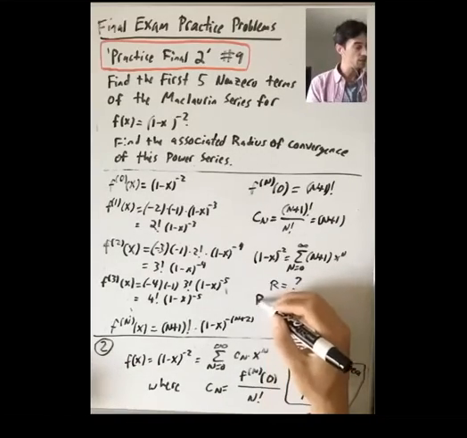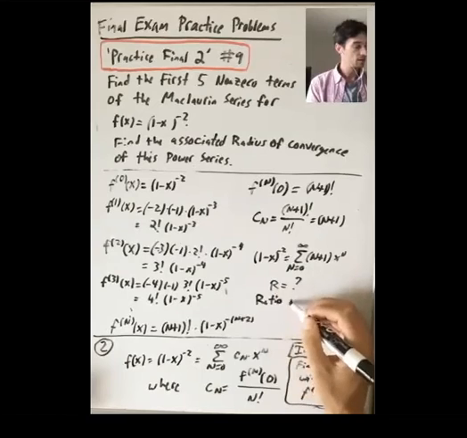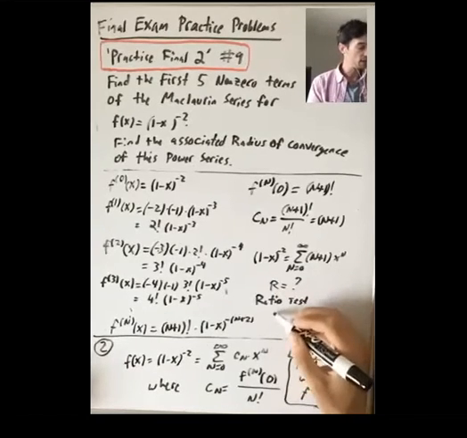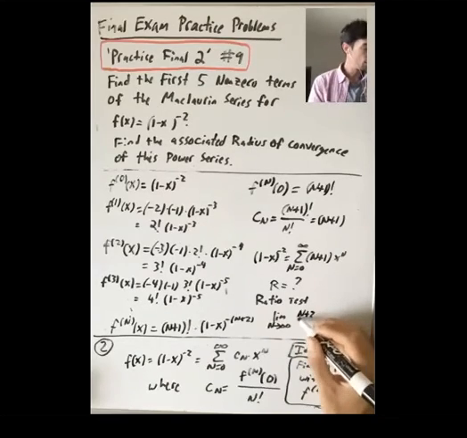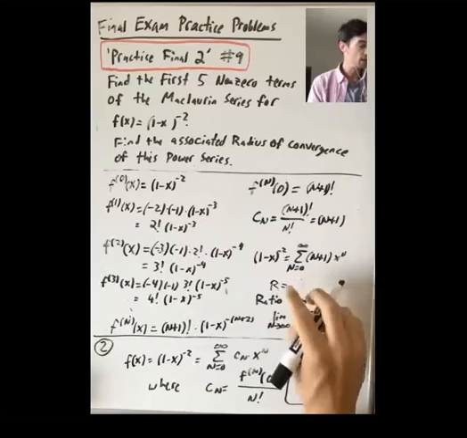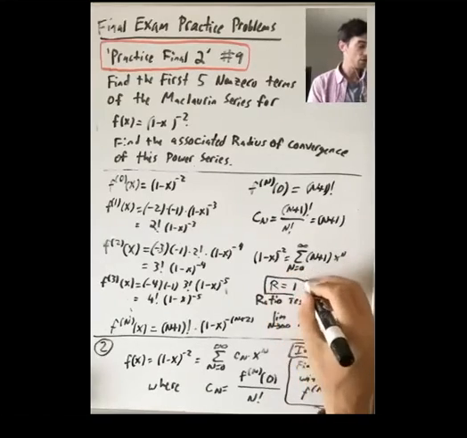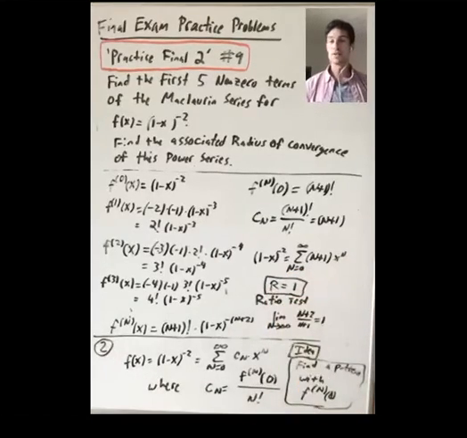But if you just use the ratio test, what you end up doing is taking the limit as n goes to infinity of, if this is a_n, then what you get is (n plus 2) over (n plus 1), which is just 1. So what we get here is that the radius of convergence is R equals 1, but you have to do something to check the radius of convergence.